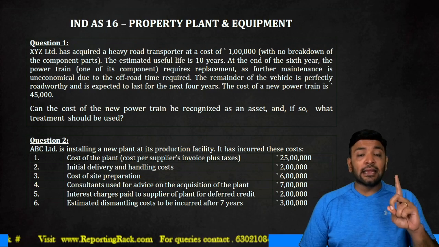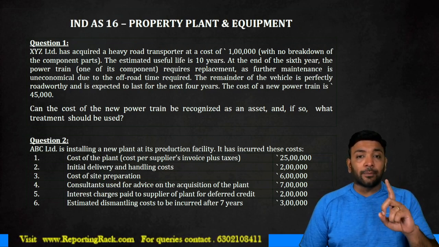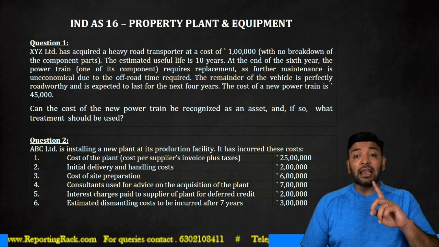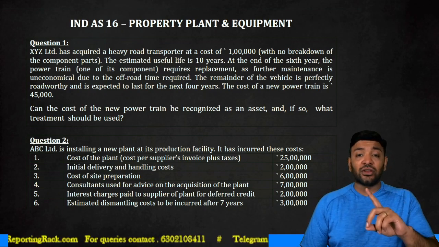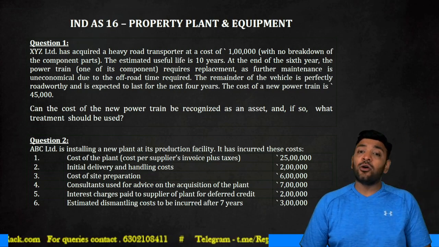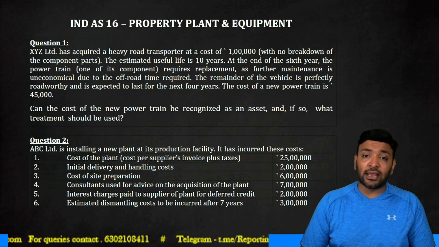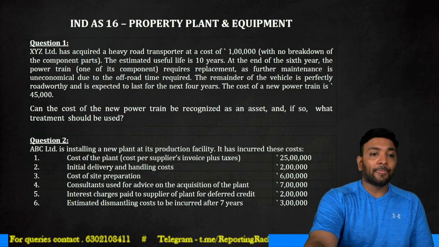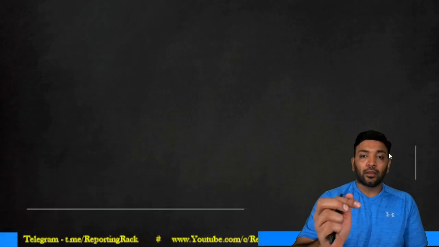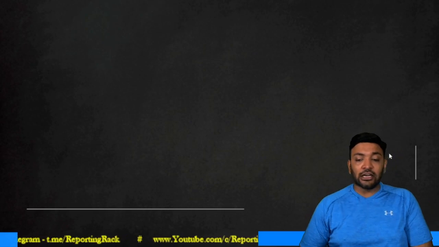45,000 is incurred for replacement of the powertrain at the end of year 6. Therefore, we'll have to find out the original cost of the powertrain at the beginning of year 0, when the original asset was actually acquired. Let's see how to solve this. If you know how to solve it, you can continue, guys.